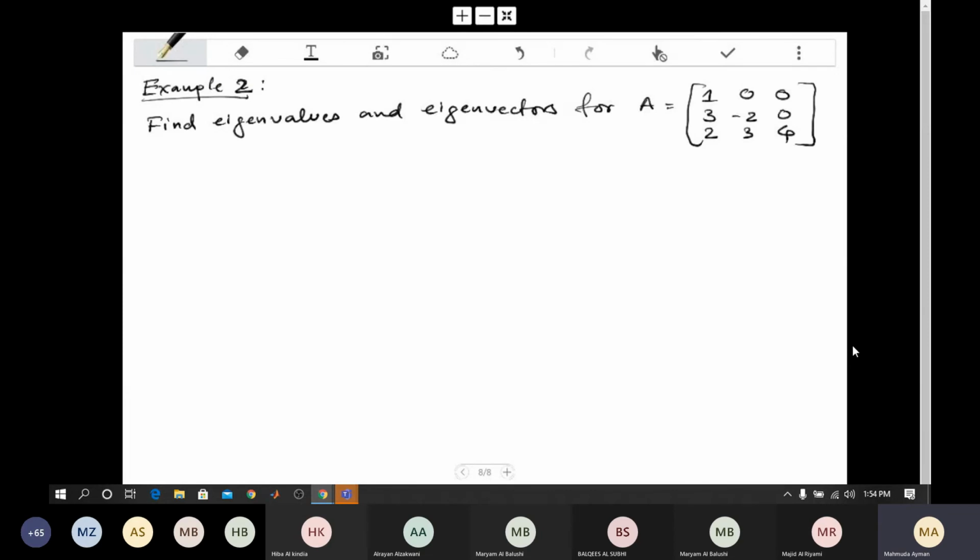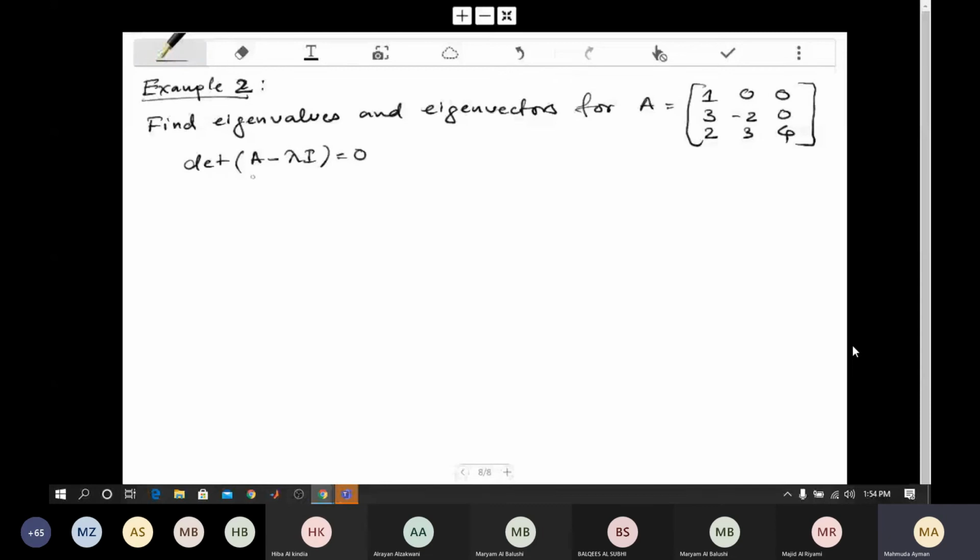So to find the eigenvalues, we have to solve the characteristic equation, which is determinant of A minus lambda I is equal to 0.